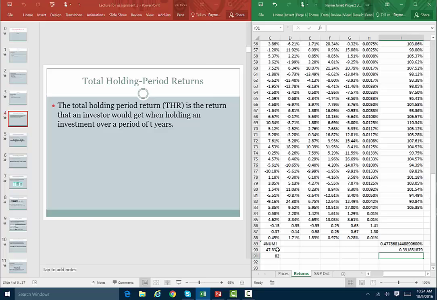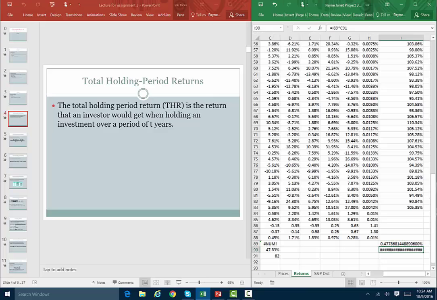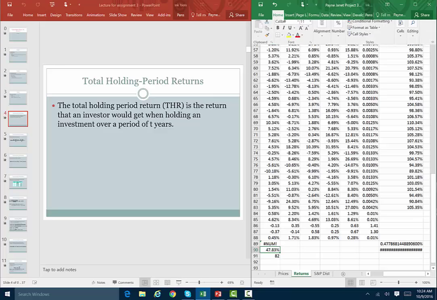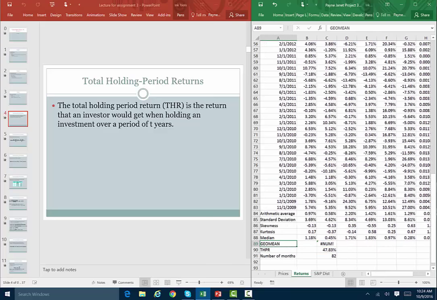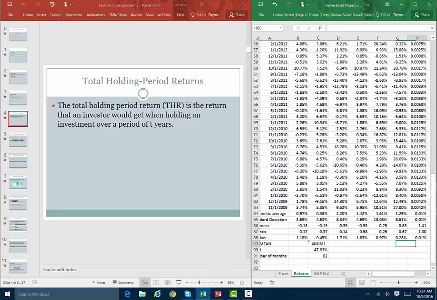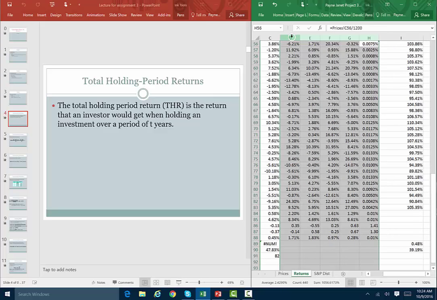So it's not quite the same, because a closer analogy would be an arithmetic return, but it's still not an arithmetic return. I'll talk to you about that difference in a little bit here. Okay, so let me just hide a couple of these columns so that you can see everything.